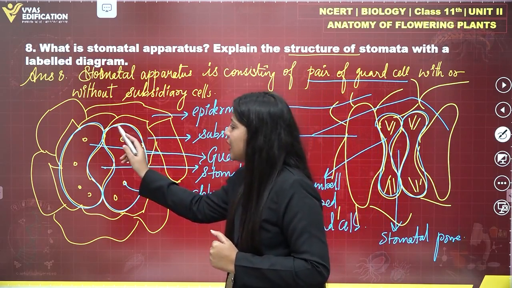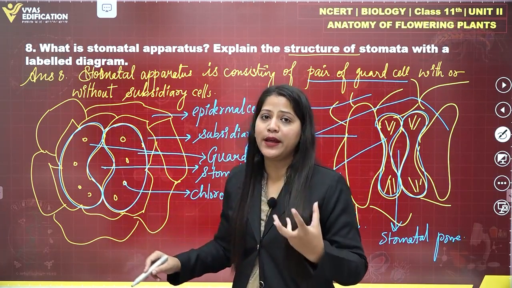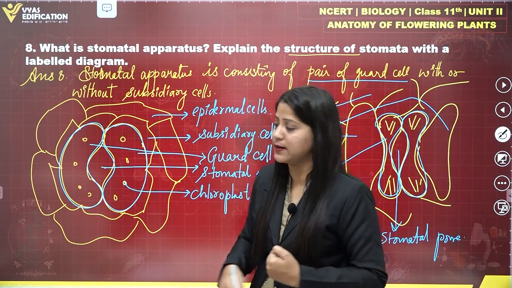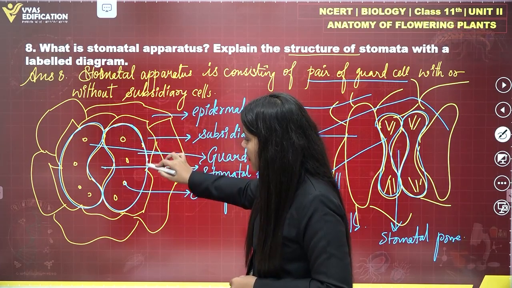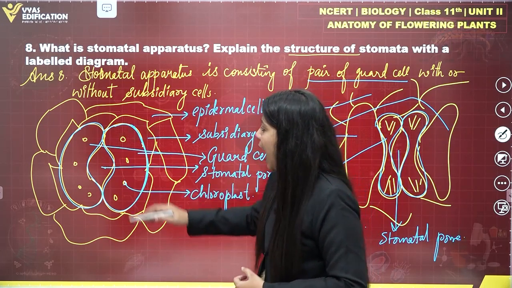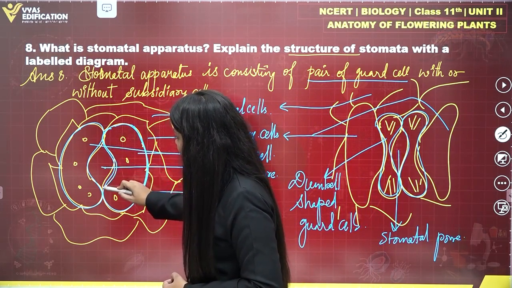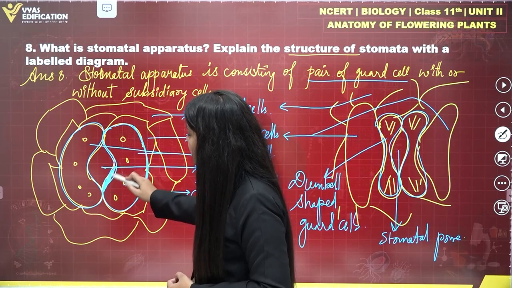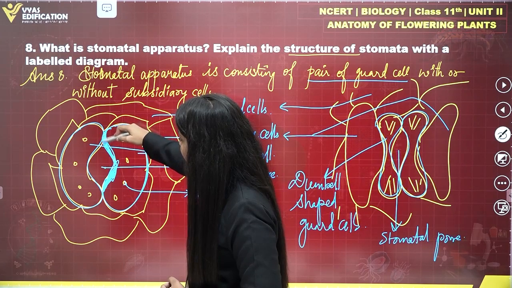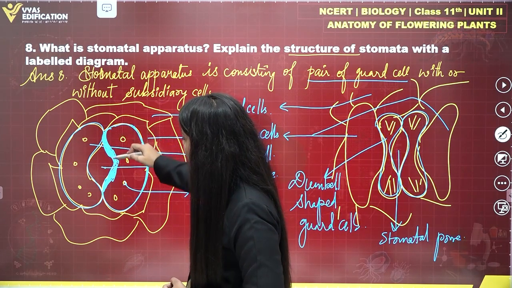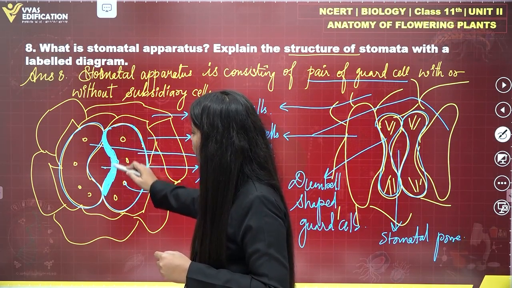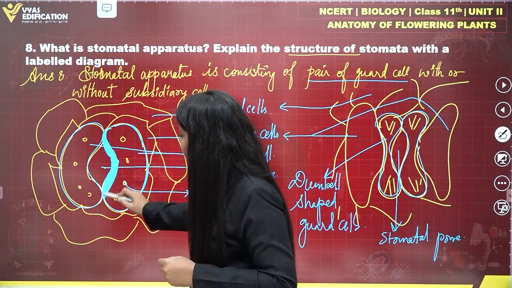You will see the guard cell has two layers, thick walled layers and thin walled layers. This layer of the guard cell is the thin walled layer, and this inner portion, which is present near the pore, is thick walled. In both the cells, one layer is thick walled and one layer is thin walled.